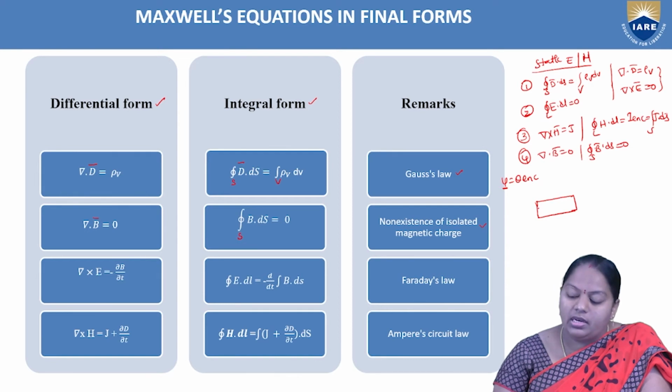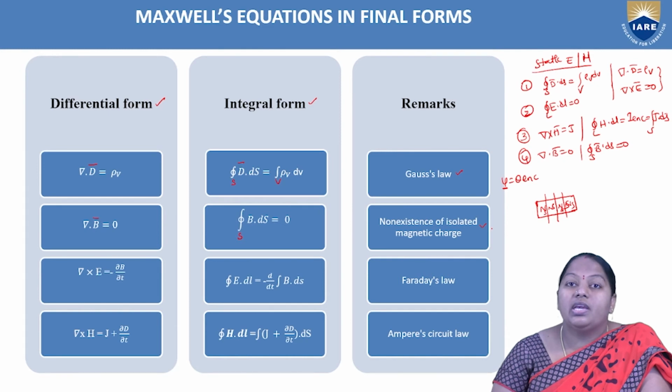Suppose we have a magnetic bar which has two poles, north and south. If we cut this magnetic bar into two parts, it again forms two poles, north and south. Again if you separate these into two, it again forms north and south.